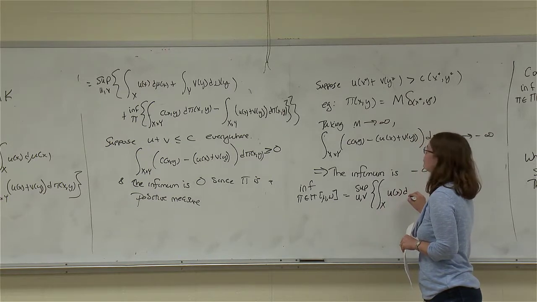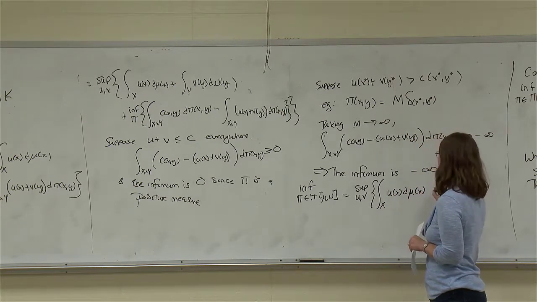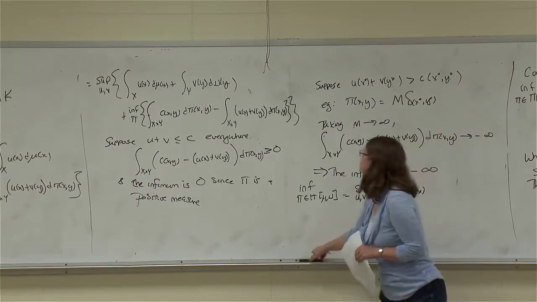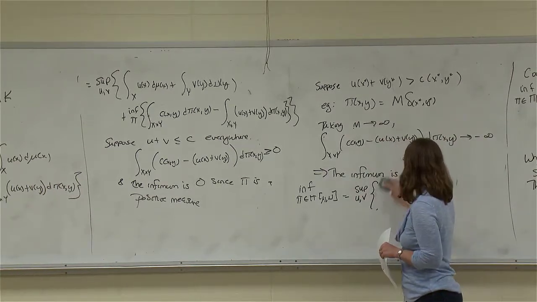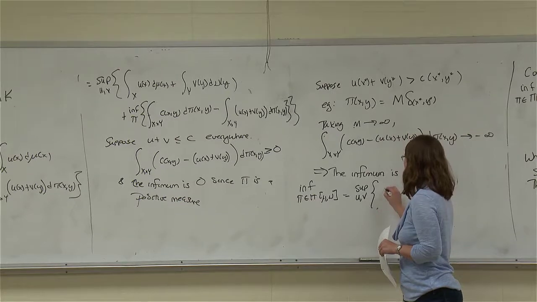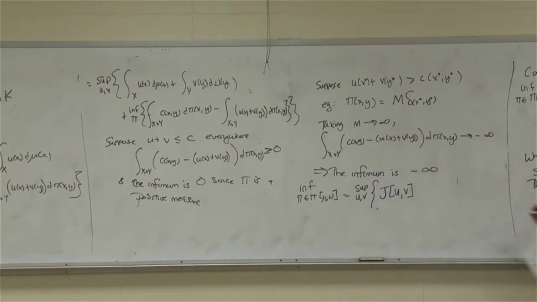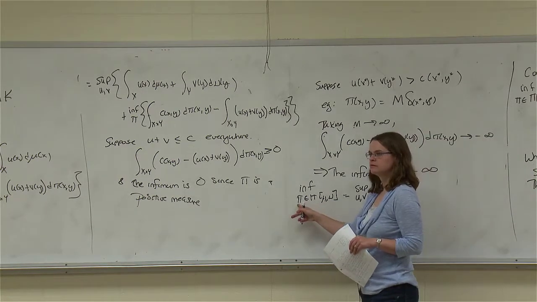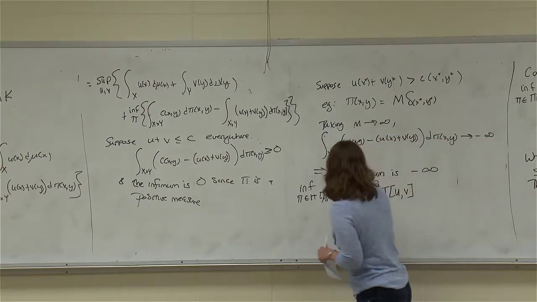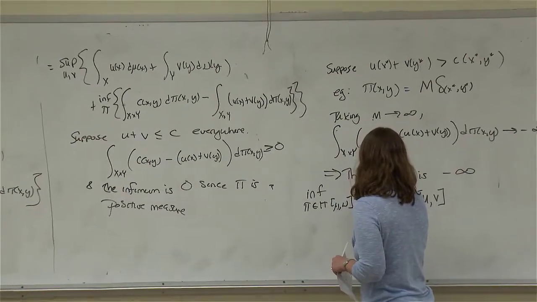okay, we have all of this here. In fact, I don't even have to write all of that. This I simply called j. Sorry, the infimum over pi, right? The infimum over pi. But what is it? Yes. Yeah, thanks.